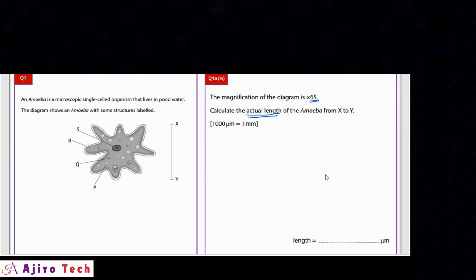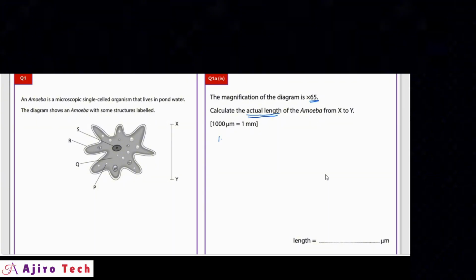Don't forget that when you are calculating magnification, there are 3 parameters that you need. In no particular order, because you may be asked to calculate image size in one question, magnification in another, or actual length in another. So what I'm about to list is in no order.